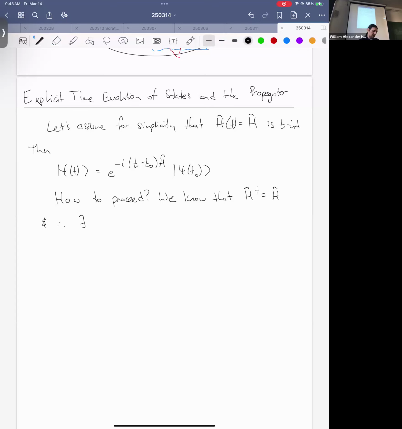And therefore there exists a complete orthonormal basis, CON. Say 1 is the sum over n of the outer product of the e_n, where the Hamiltonian on e_n is E_n e_n.